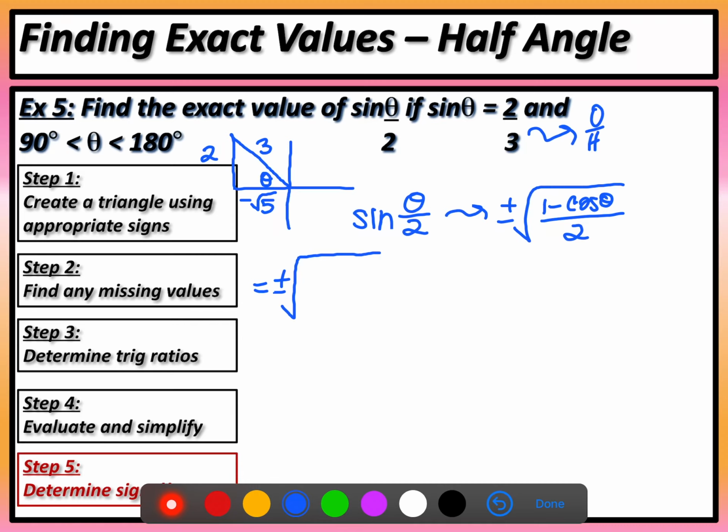So I need to know what is the cosine of this triangle. Adjacent over hypotenuse, negative root 5 over 3. Okay, and now I'm going to clean this up. So make a common denominator on the top. So I'm going to multiply by 3.